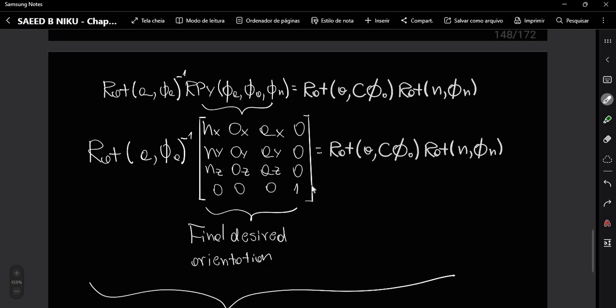Because we wanted to solve the angles phi A, phi O and phi N for the Cartesian coordinate system, that is why we assume that this matrix corresponds to this RPY matrix.